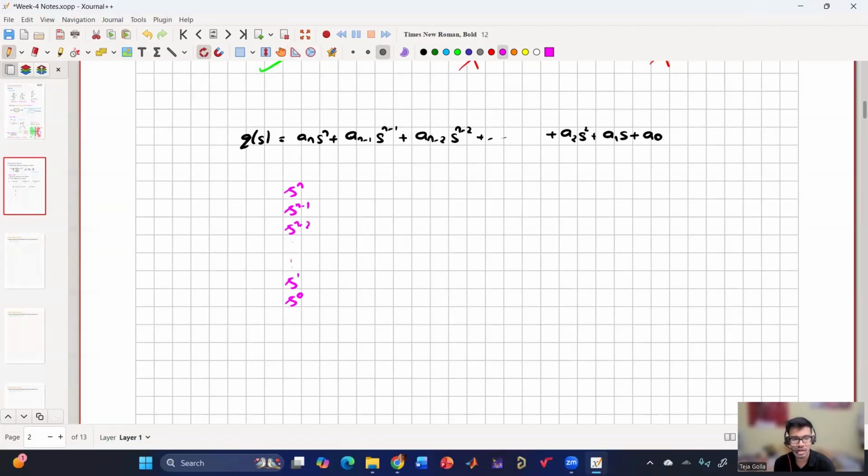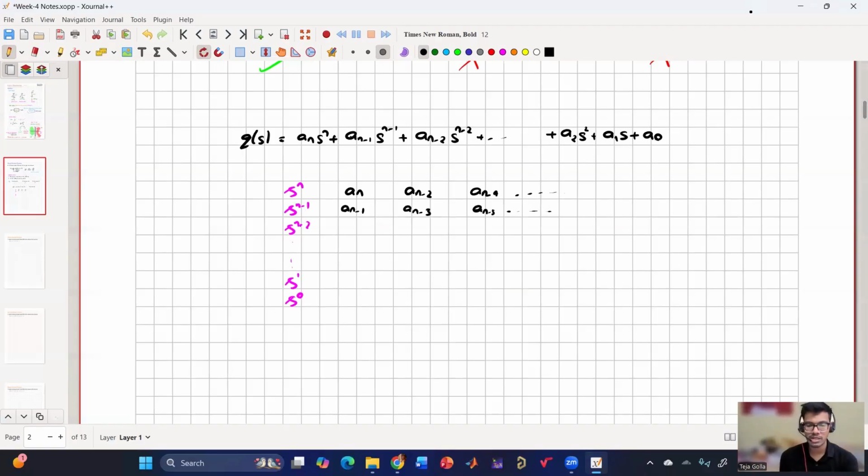The first row starts with the s to the power n coefficient, an, then we skip the next one and go to an minus 2, an minus 4, and so on. The s to the power n minus 1 row starts with an minus 1, then an minus 3, an minus 5, and so on.